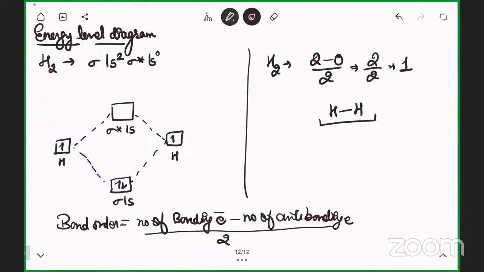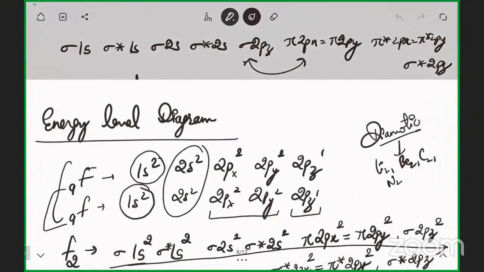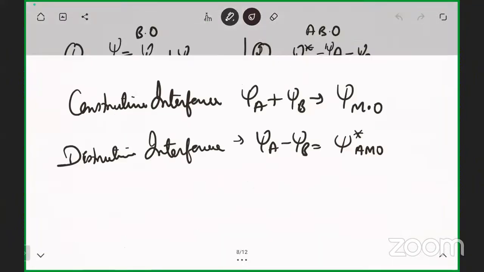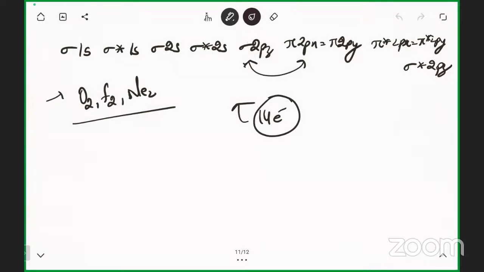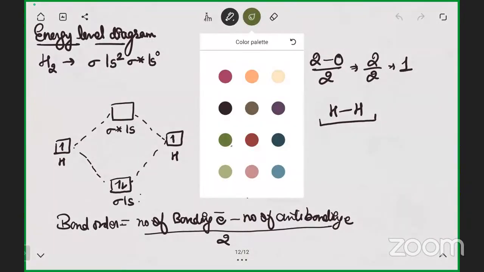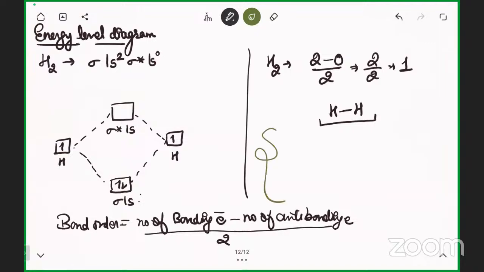Any doubt in this? Yes, sir. Okay. See, we have to look at the number of bonding electrons and number of anti-bonding electrons. See, if pairing is there, as I told you in the last class, then it is considered as paramagnetic or diamagnetic. See, remember one thing, writing here.